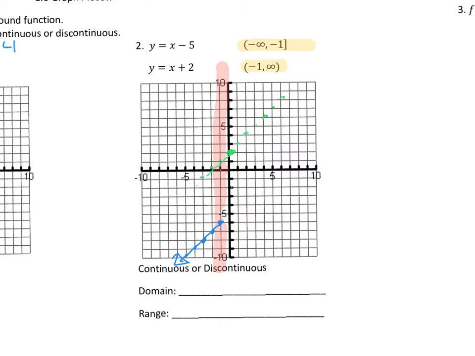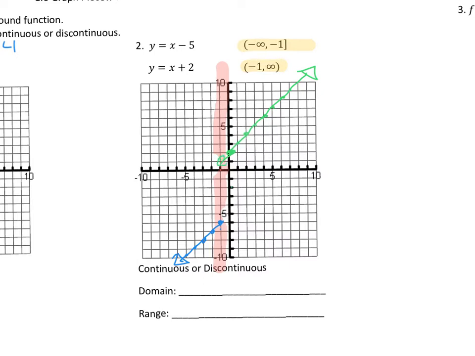So it looks like something like this and something like this. Okay, now, we said, though, that this part of the graph starts at negative 1 and goes to positive infinity, okay? So this part of the graph right here, we don't have this part. We only have it going up to negative 1.